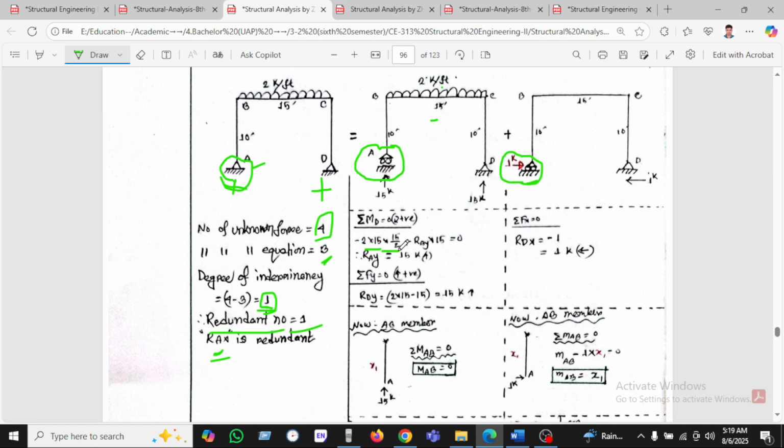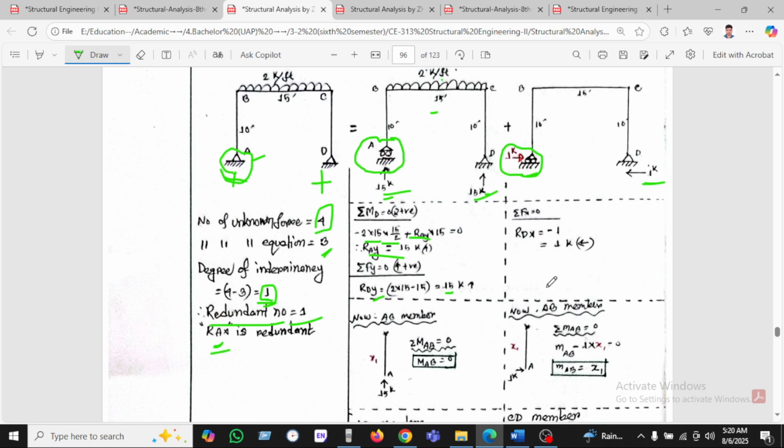This is the load, 15 divided by 2 is the point load, and RAY is 15. This is the 15, and in this way RDY is 15 also. For this case, one unit load is applied horizontally from left to right, so the reaction will be right to left.